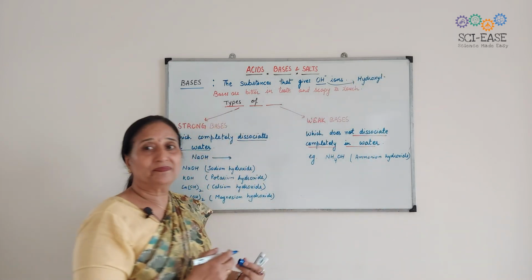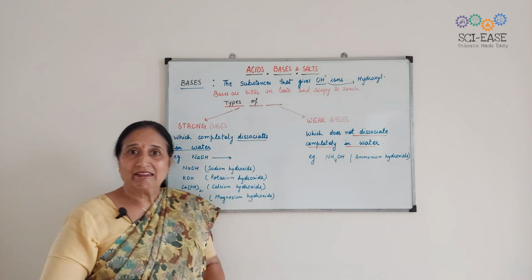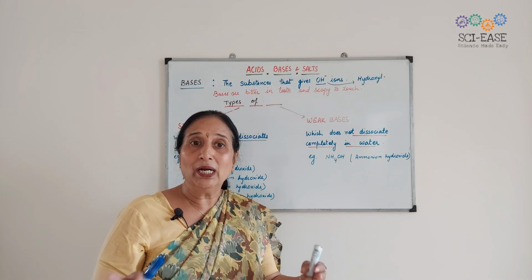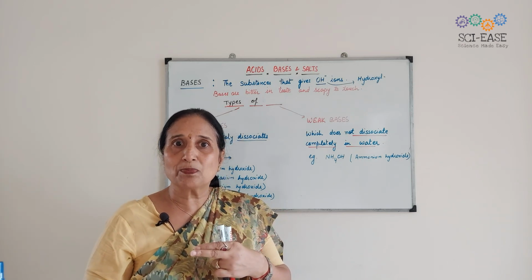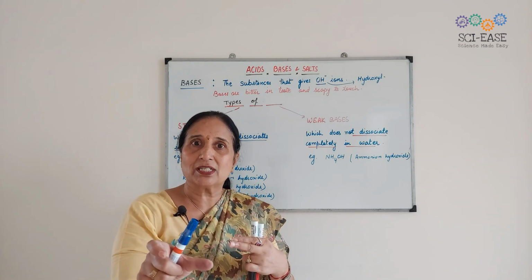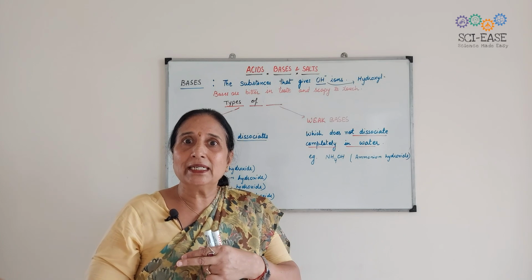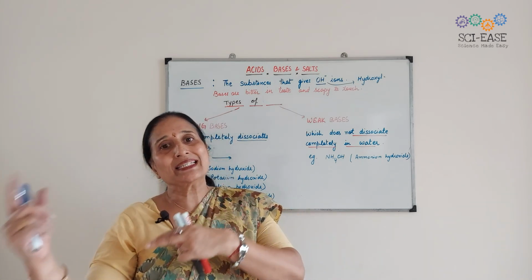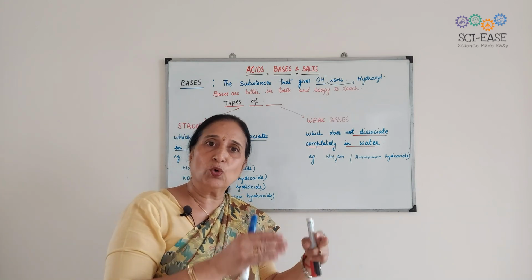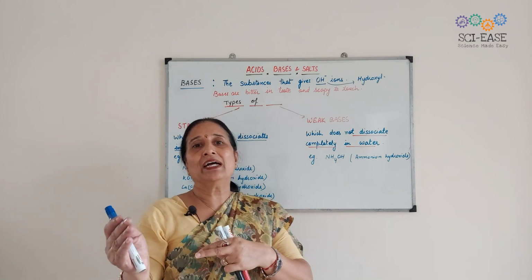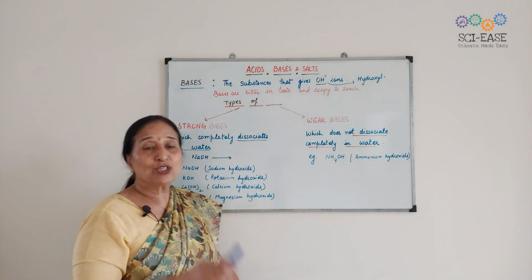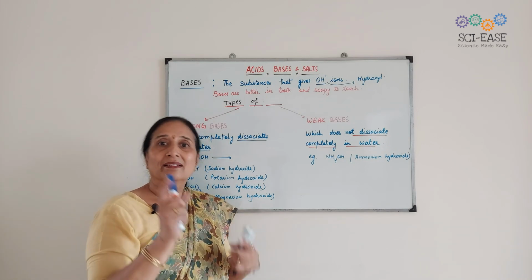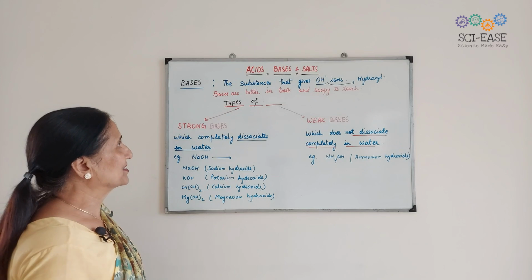Ions are charged species, that you must know. When any substance gets dissociated, it will form positive ions as well as negative ions. Positive ions are known as cations and negative ions are known as anions. So when the substance gives us hydroxyl ion, then this is the base.